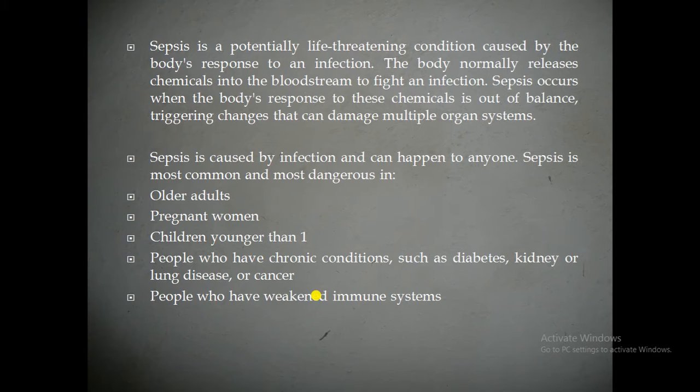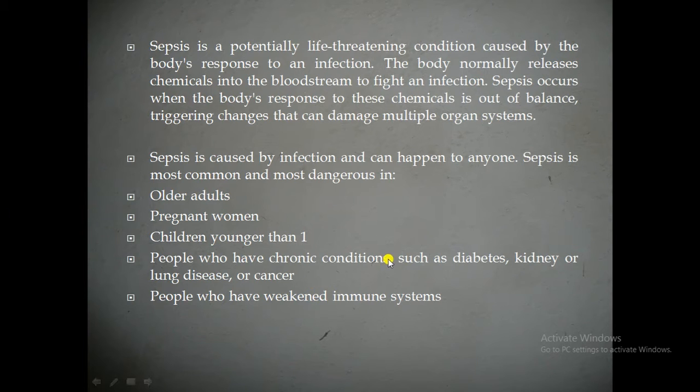When these chemicals are out of balance, or if any change occurs in their release, sepsis occurs, which leads to damage of the organ systems, like respiratory, liver, lung, heart.